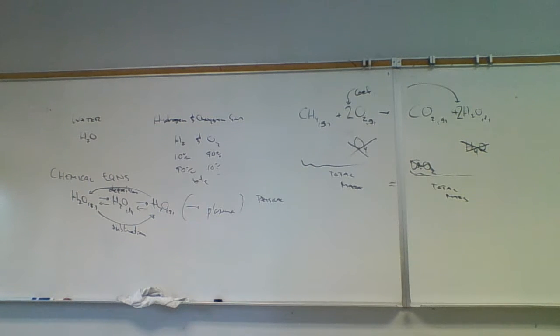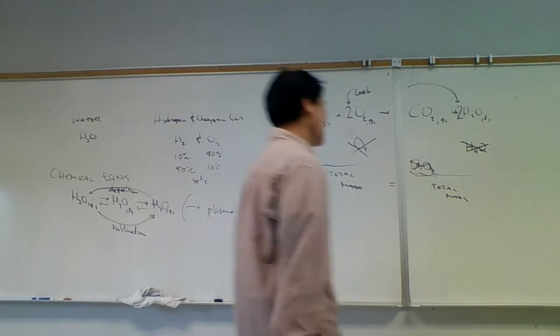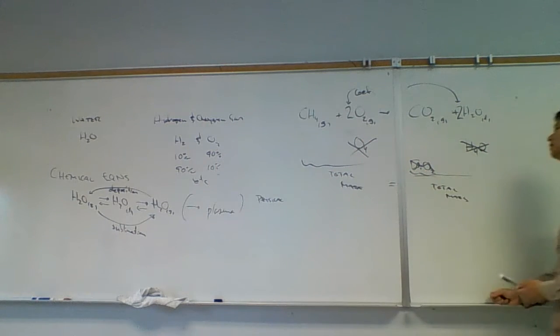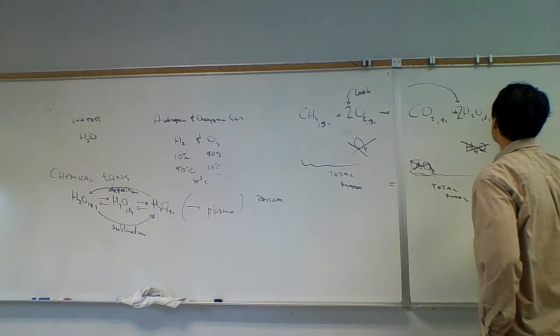What else is produced in this reaction? When we combust methane, usually you combust methane for what? What do you do with natural gas? You combust it to generate heat to warm up your pot of water. And so what else we produce here is energy.